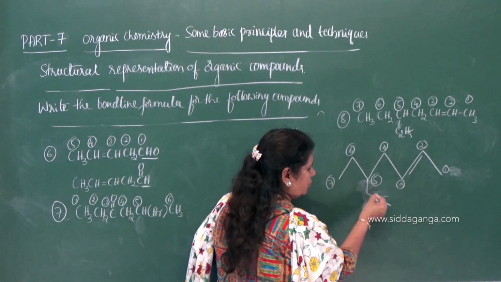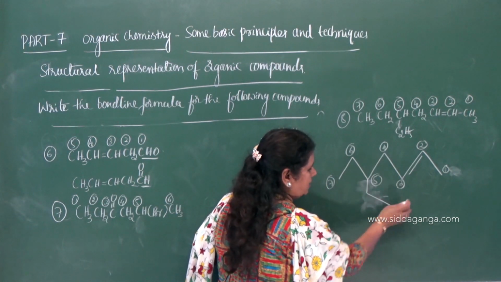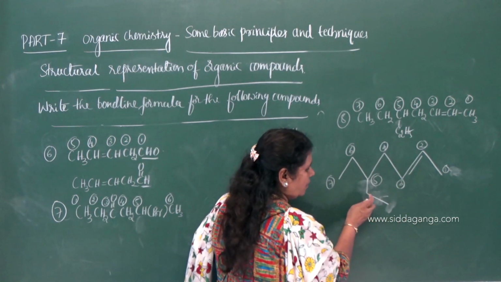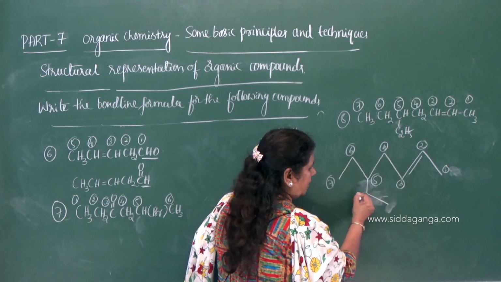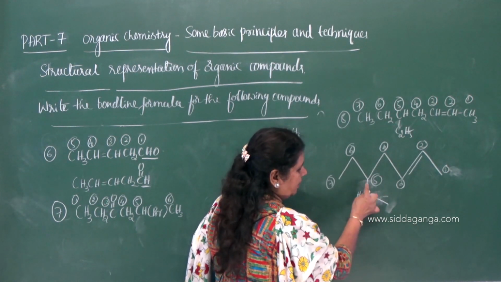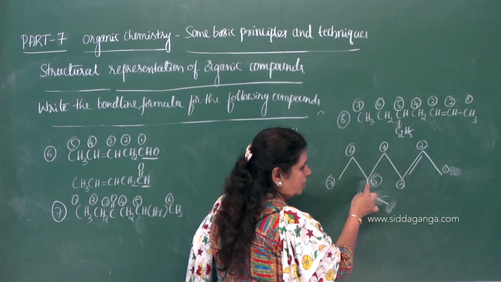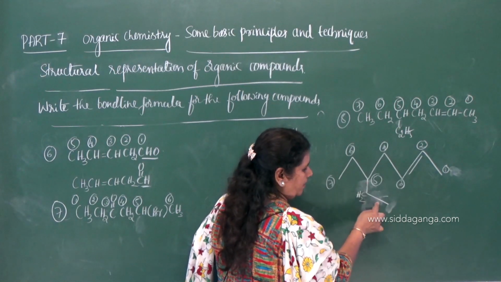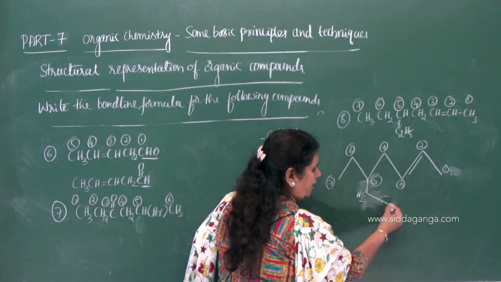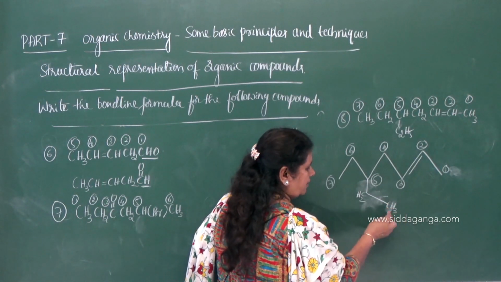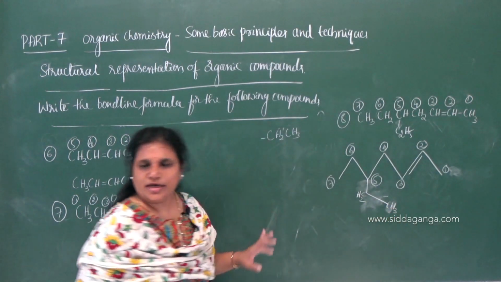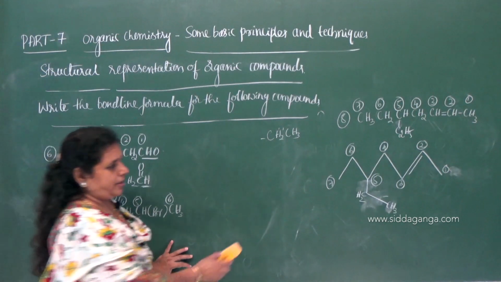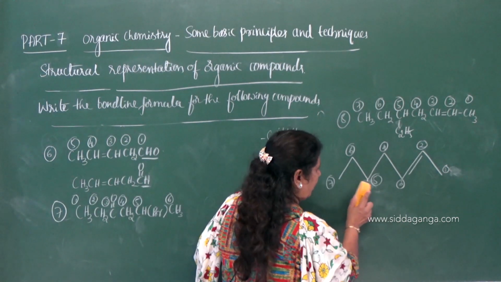See here, the intersection of two lines indicates one carbon and two hydrogen atoms, because it is already bonded with two bonds to the carbon atoms, and the terminal end here indicates CH3. Then it becomes C2H5. So you can write like this bond line formula.